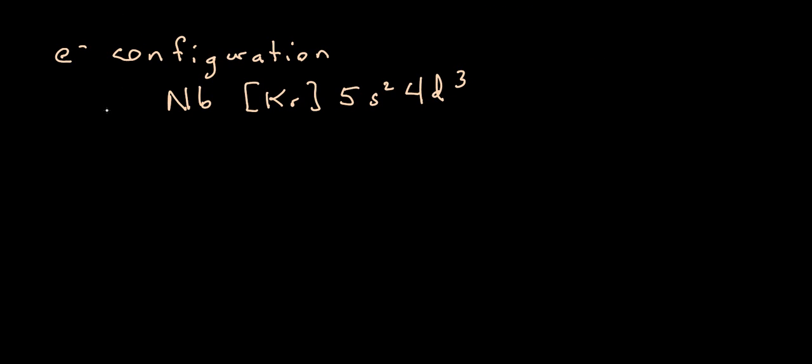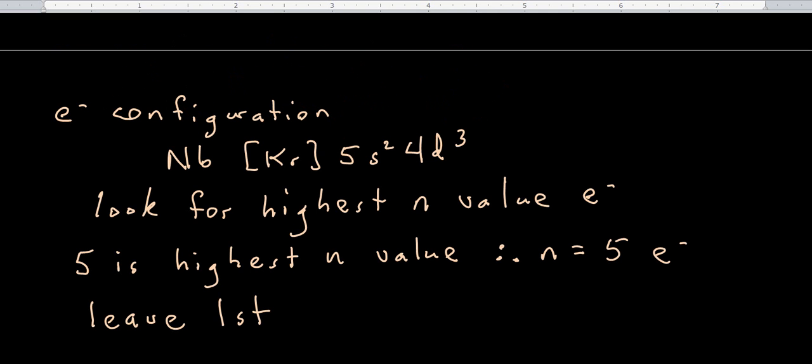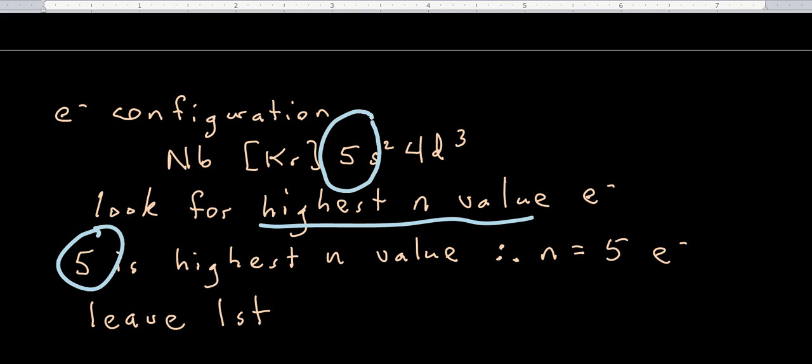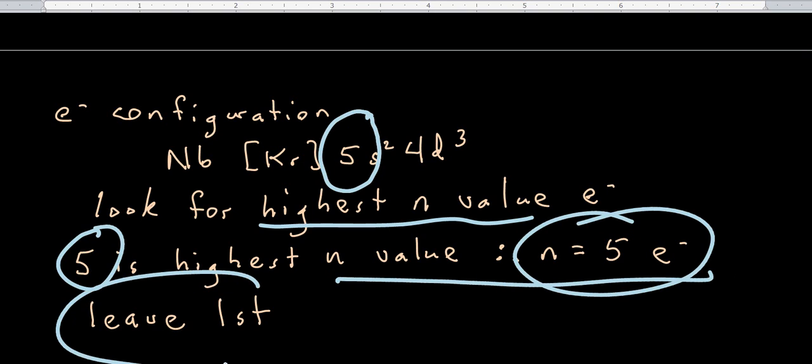Looking at the electron configuration, the shorthand version, it finishes with 5s2, 4d3. A quick glance indicates that 5 is our highest n value. Since 5 is the highest n value, n equals 5 electrons are going to leave first when we form a positive ion.